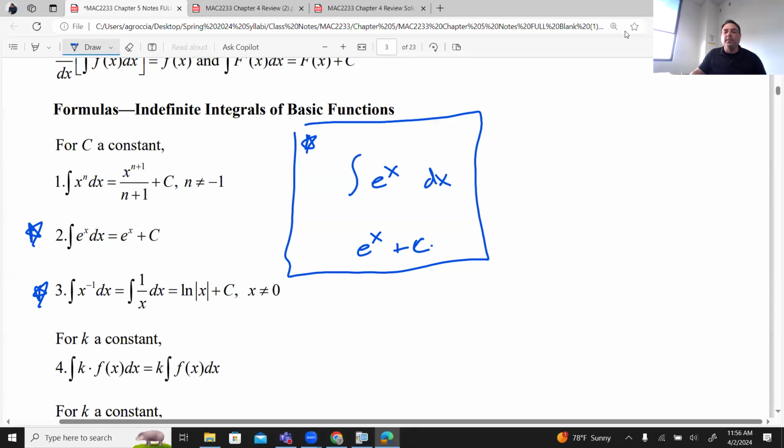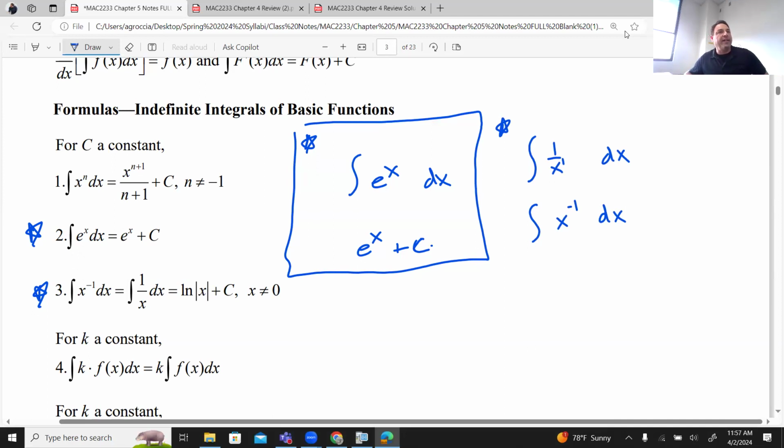The second one, I need to explain a little bit. The second special case can be written as 1 over x. Or if I rewrite it like we normally do, this is x to the negative 1. So either way, they are the same thing.